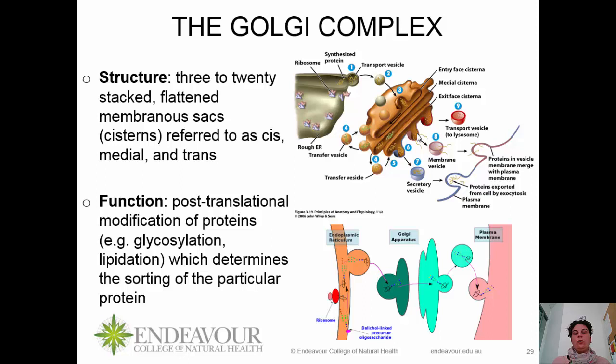One is something we call post-translational modification. It means that there are different components that can be added onto the protein itself. For example, there might be a protein that has a sugar added on top of it. That happens in the Golgi complex.